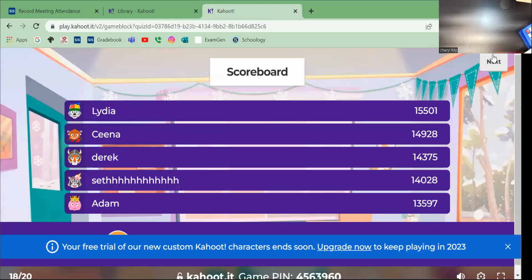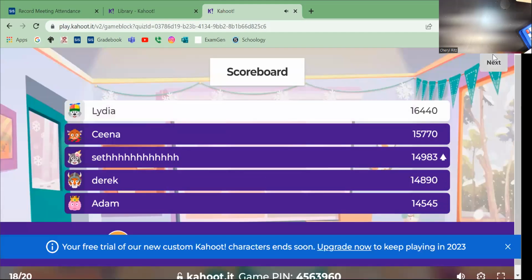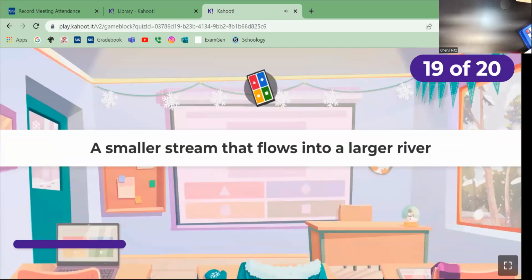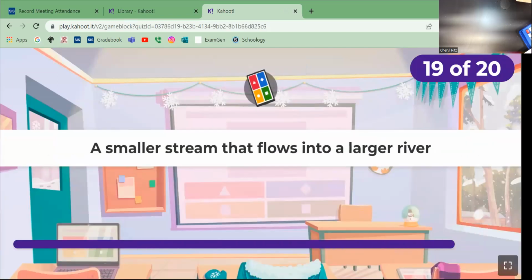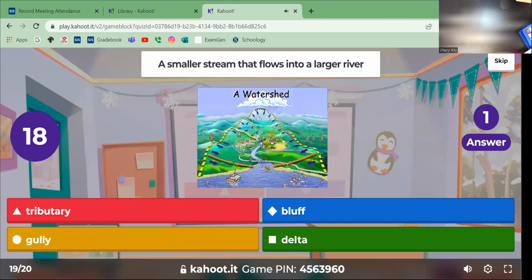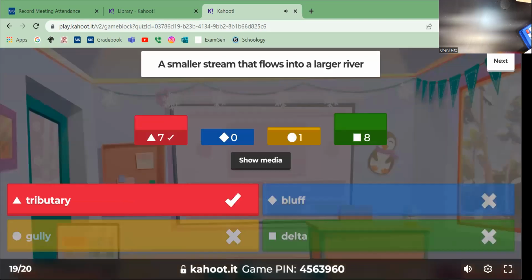Is this the last one or is there one more? A small stream that flows into a larger stream. Picture helps you a lot. It does? I don't feel like it does.